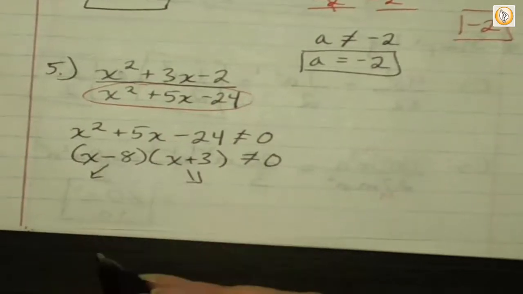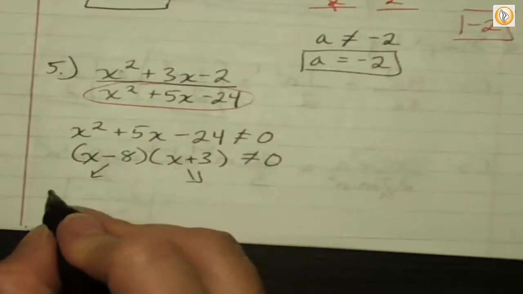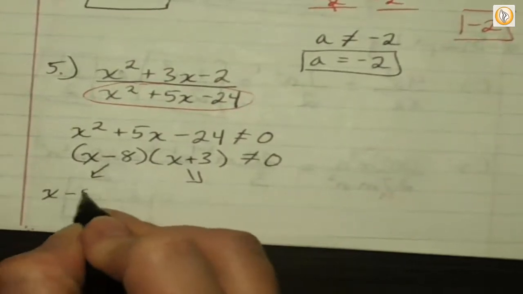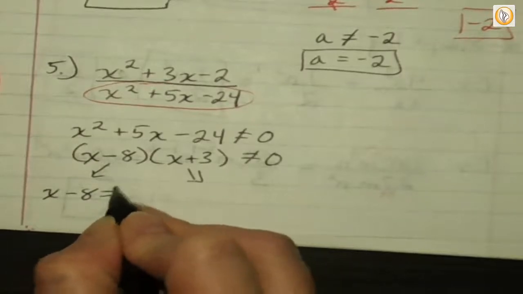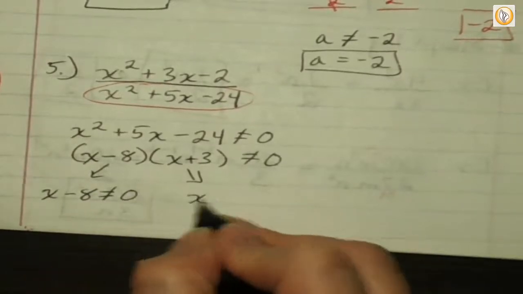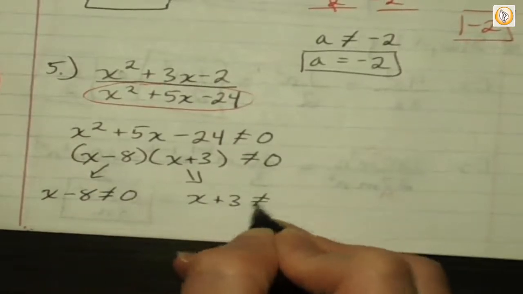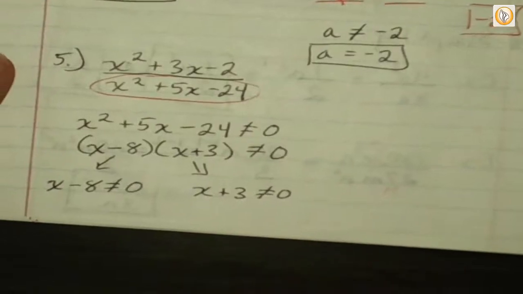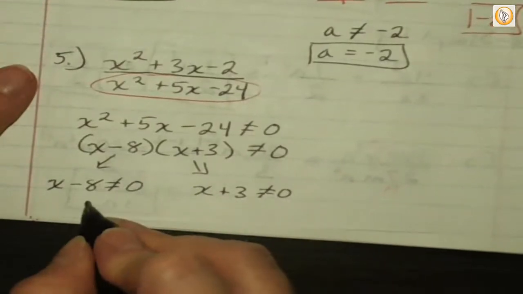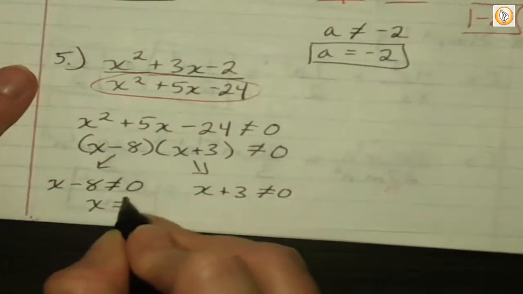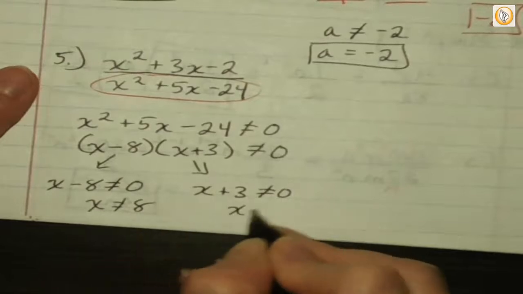Now what do I do with each of these parentheses, Valeria? Set them equal to 0, or not equal to 0, whichever. And then I do intruder alert, and what does this become? Very good.